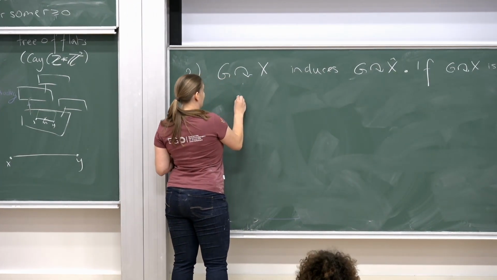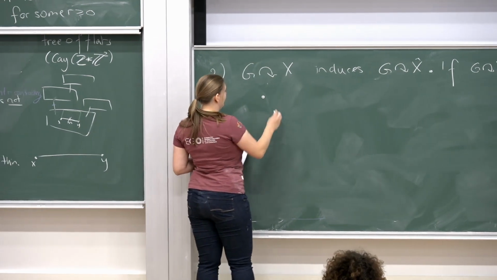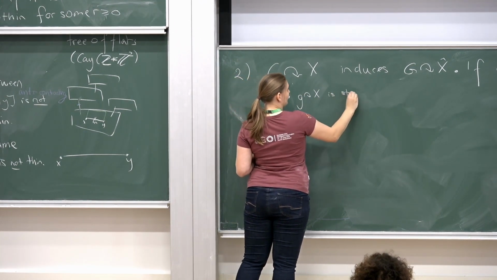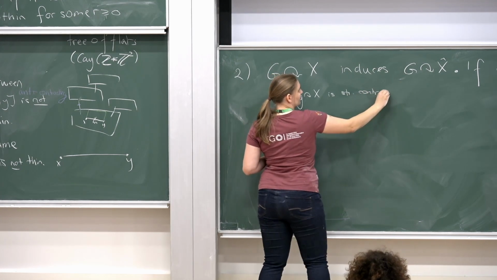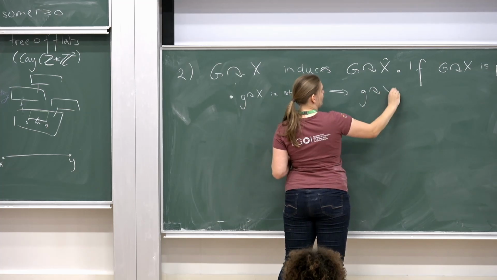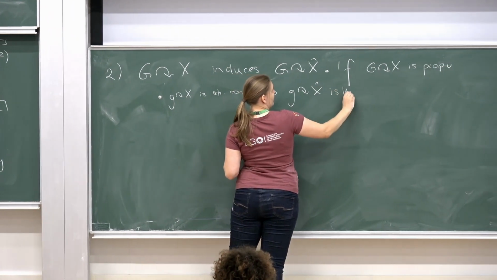Namely, if G is strongly contracting, the action of G on X hat is WPD.